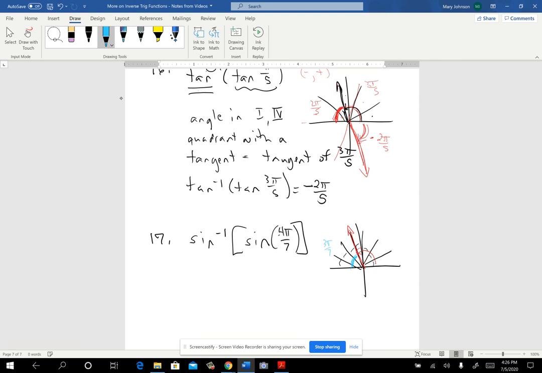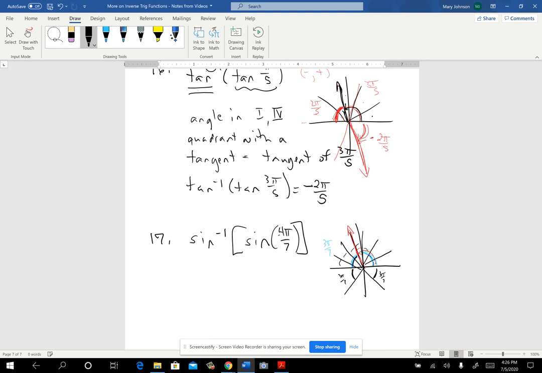So 3 pi over 7 in all quadrants is what I'm trying to draw. I want this to be right there and this right there. Want all of those amounts to be 3 pi over 7. It's hard for me to draw that though.